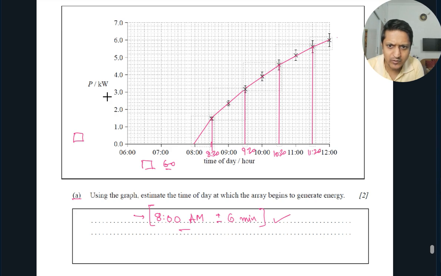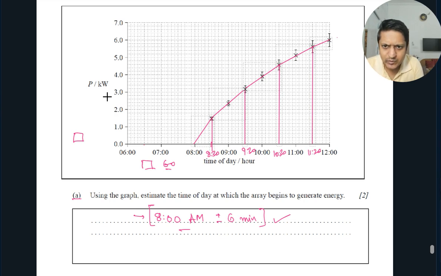How? Because there are 10 boxes for one hour, and this will be the midpoint, it would be 7:30. So these are the midpoints, like 5 boxes here and 5 boxes there.